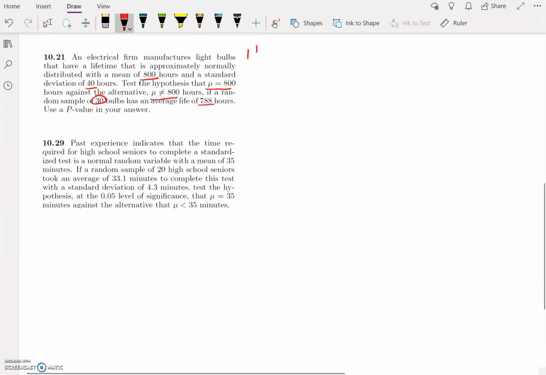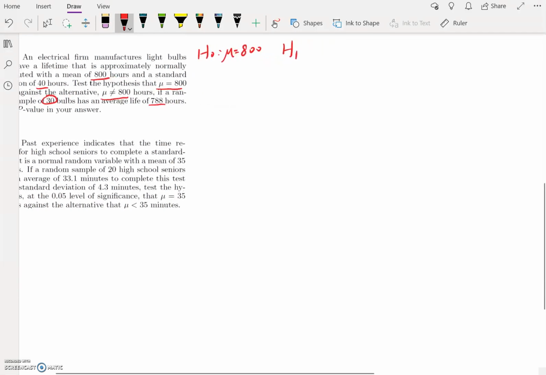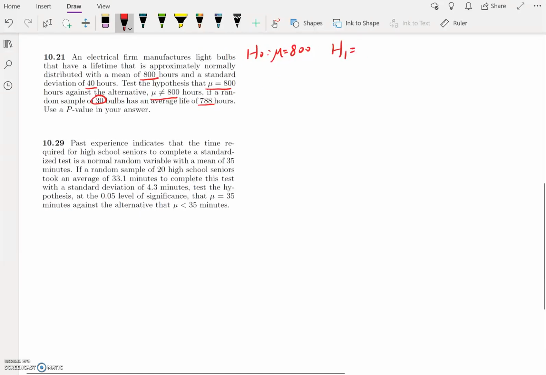So let's take a look at this question. The null hypothesis is mu equals 800, right? Then the alternative hypothesis is mu doesn't equal 800. And we have sigma equals 40 and the sample size equals 30.